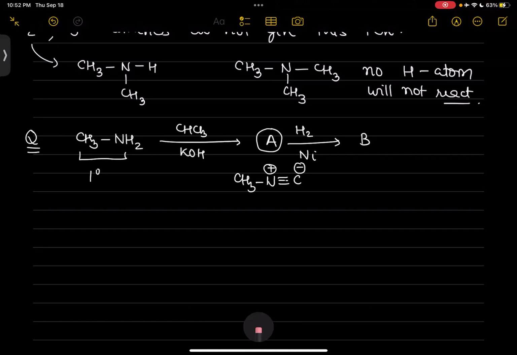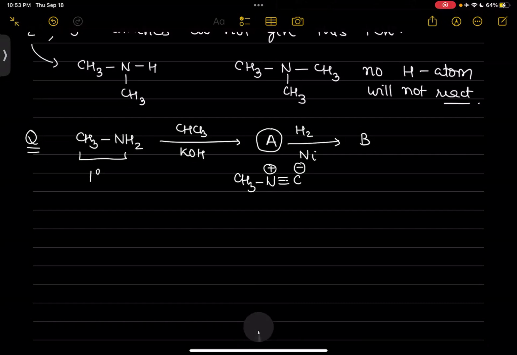Okay. What is the structure of B then? A is treated with H2/Ni. What are H2 and Ni going to do? This is a catalytic hydrogenation reaction. Aisha, can you hear me?